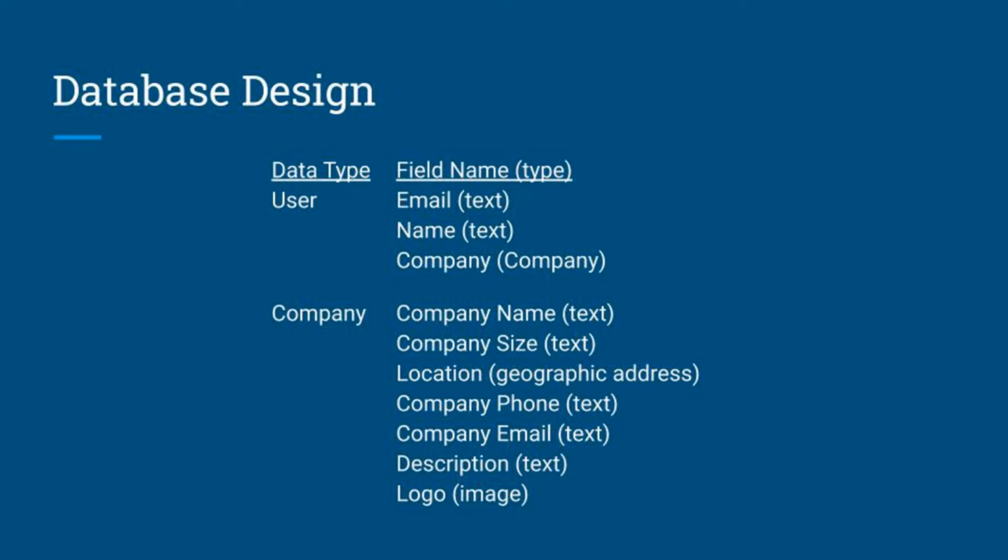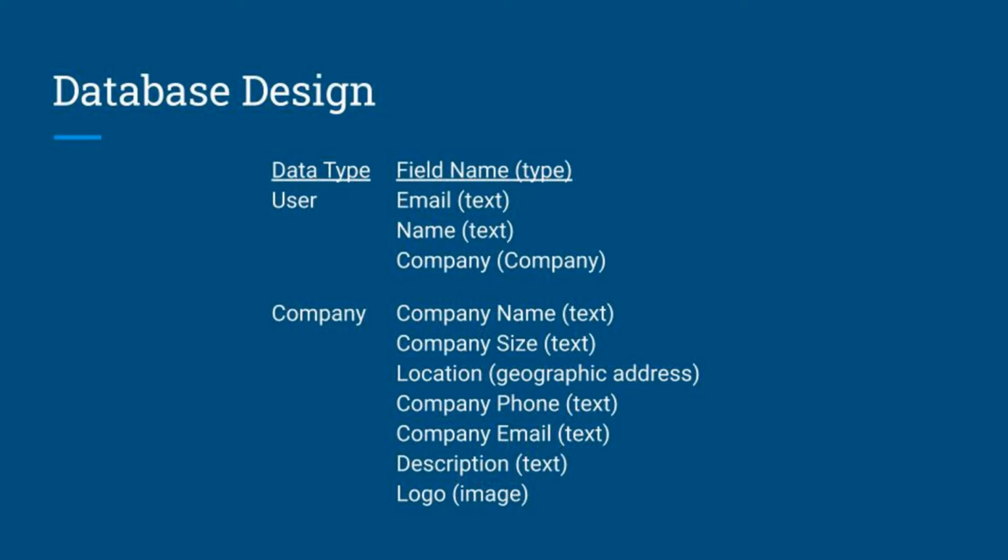So for this database, I designed it using the wireframes. I looked through it and we can see that we have 2 data types. We have the user, and that'll be the person logging in, say the company owner, to add their information. And then we have the company, and that's all the data and information about the company.